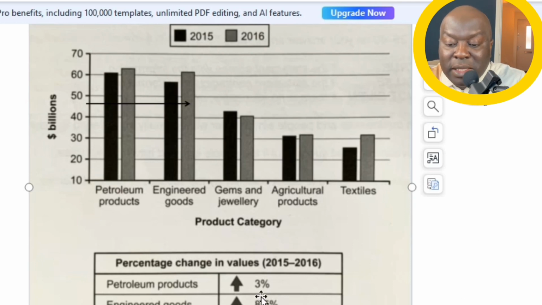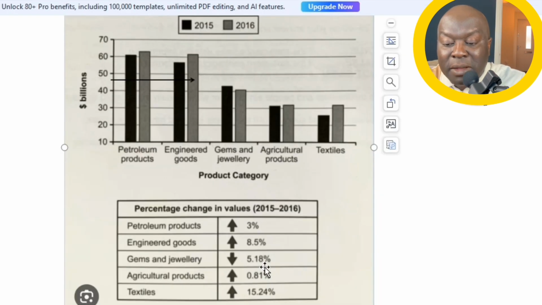Now, if you look at this table, we have the arrow pointing upwards for 4 items, but it is the reverse for gems and jewelry. For me, I will not like to discuss gems alone and jewelry alone, because they will not give me something to compare.